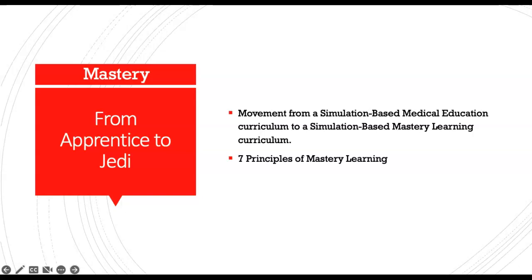The 7 principles of mastery learning include baseline testing, setting clear learning objectives, being engaged in learning through deliberate practice focused on the objectives, a minimum passing standard for each unit of training, testing to assess for that minimum passing standard, only advancing to the next unit once mastery of that unit has been obtained, and continued practicing until mastery is reached.